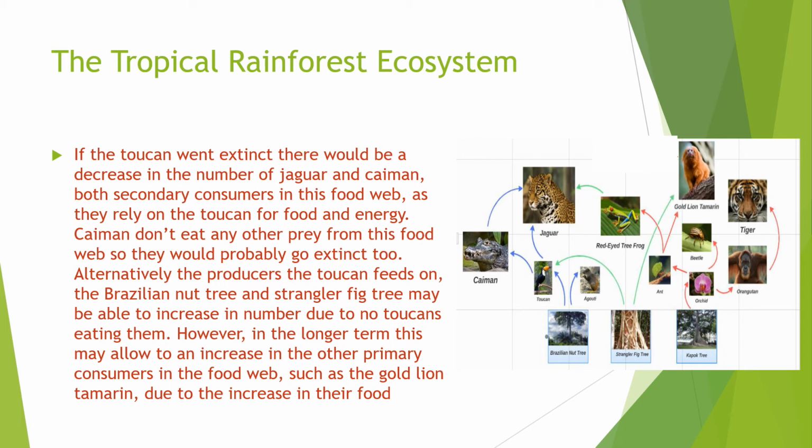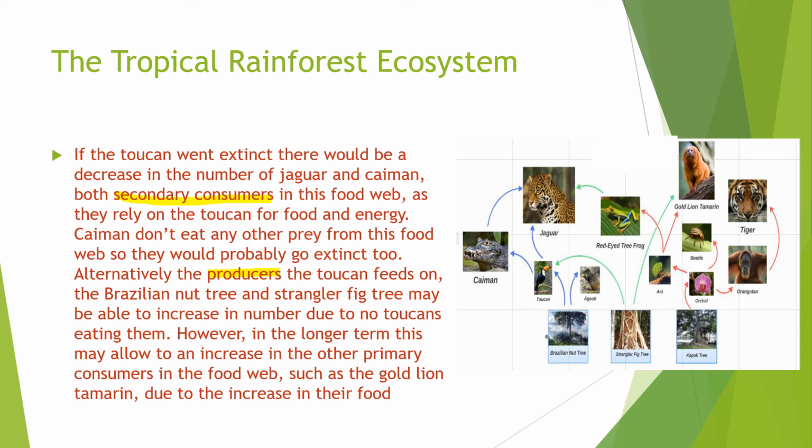Okay, thinking about the secondary consumers which may eat the toucan, but also thinking about the producers which the toucan would feed on itself. The answer also will gain some credit for considering the short-term and long-term effects, okay, of the toucan disappearing. And then finally, for using accurate geographical vocabulary.